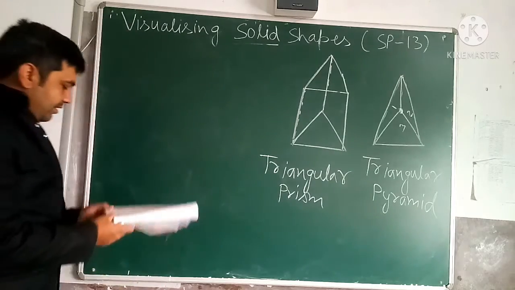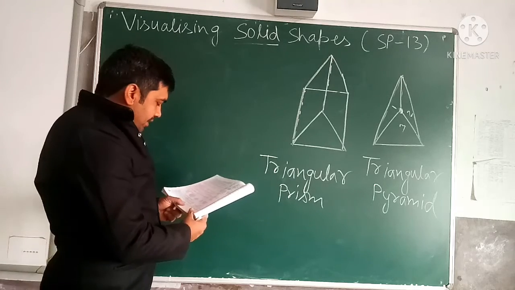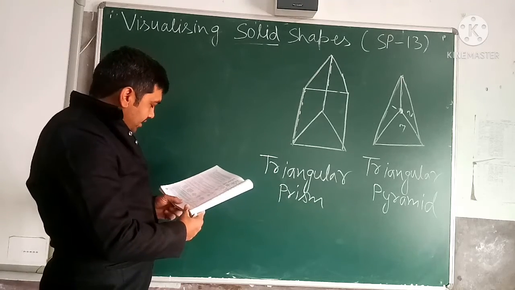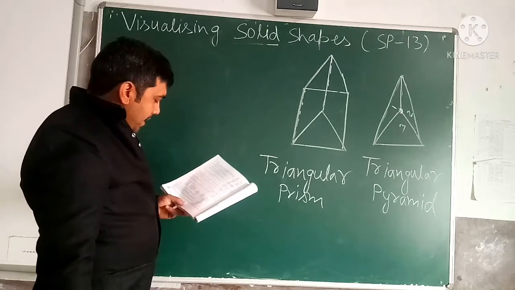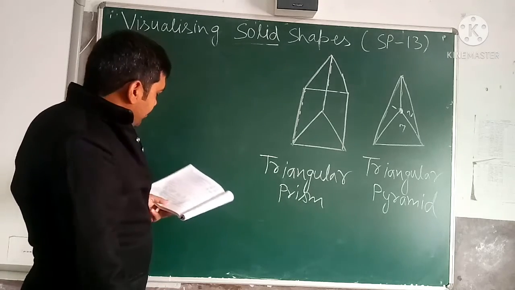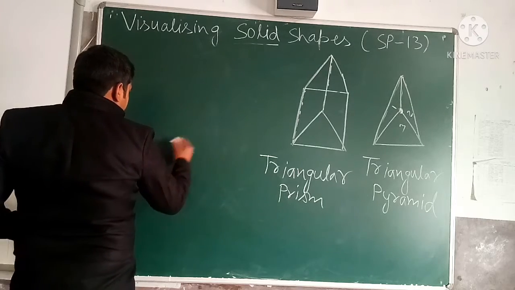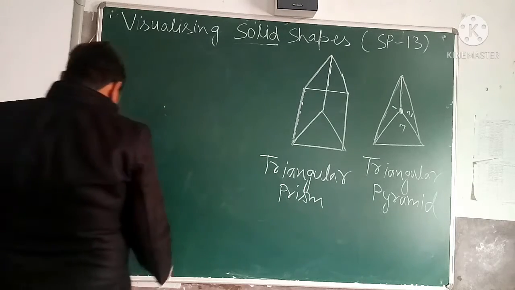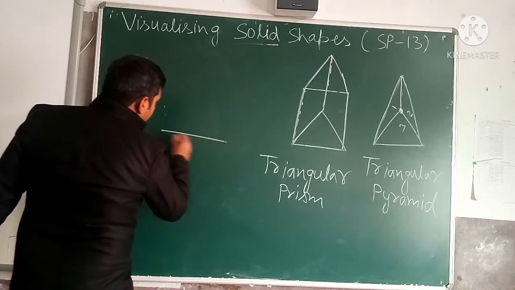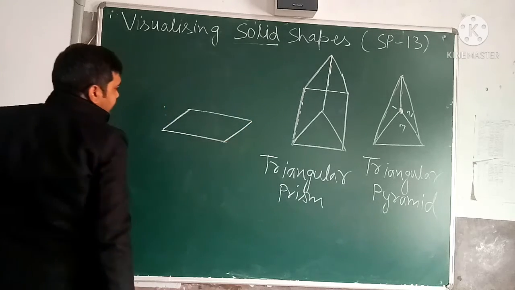As you can see in the figure in the book, on page number 218, one pyramid is given, that is the rectangular pyramid. So there you can consider this.